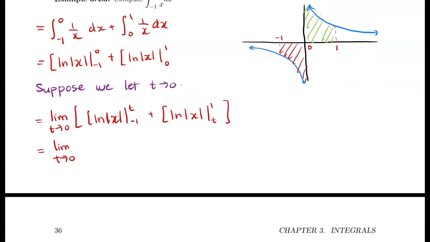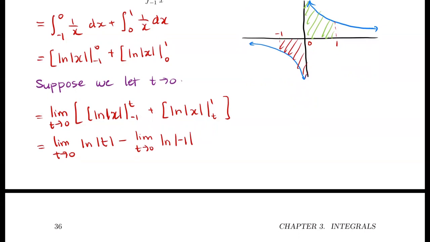So we would have ln of t minus the limit as t approaches 0 of ln of the absolute value of negative 1. That's important: we need this absolute value of negative 1 here.